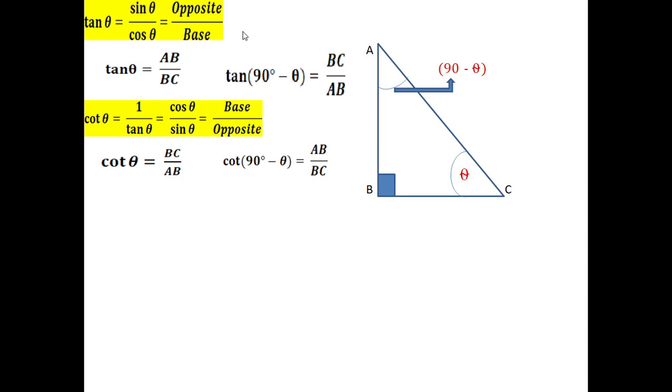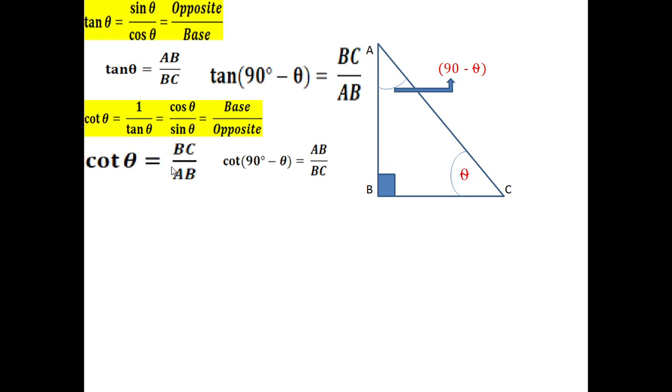So here we can see tan of 90 minus theta is BC by AB and cot theta is BC by AB. So both the ratios are the same. Thus we get the relation tan 90 minus theta is equal to cot theta.